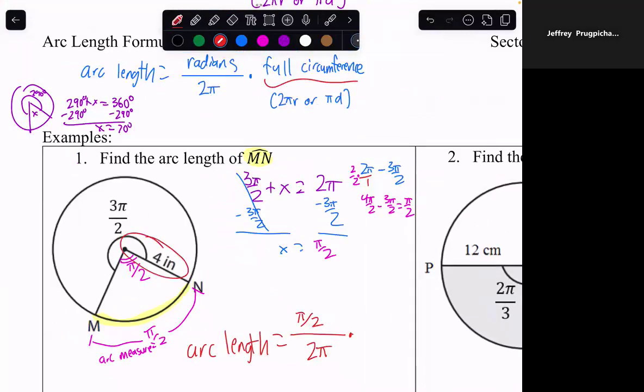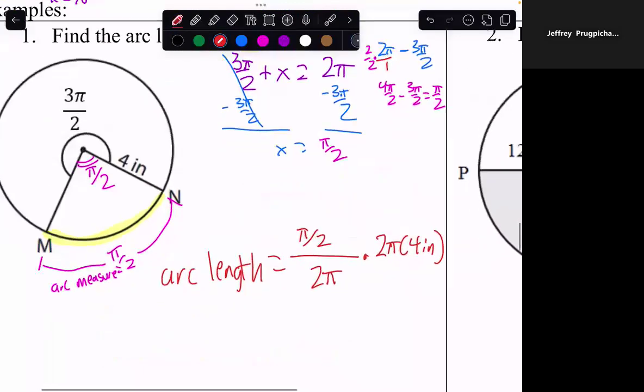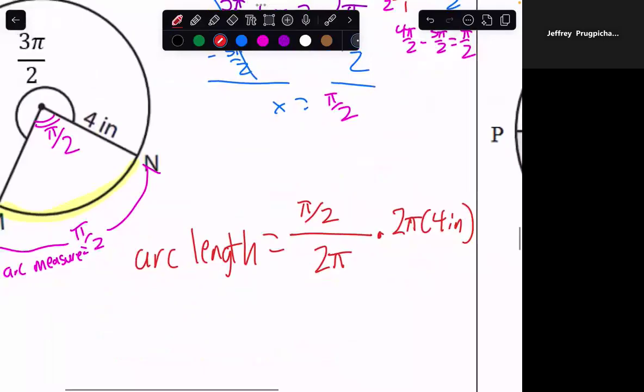Since we're given the radius, let's use the 2 pi r version. Before we continue, make sure you understand where this comes from. This is the measure of the arc, this is a full circle, and this is the full circumference.